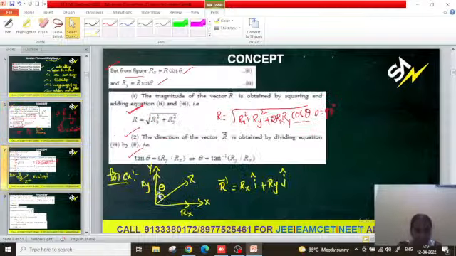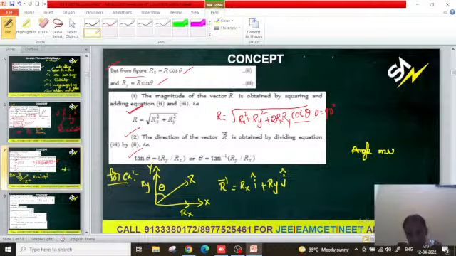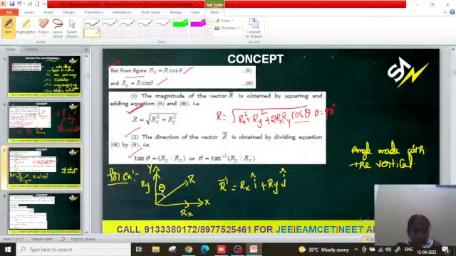Here, when the angle is made with the vertical, always note that a side which is adjacent to the angle will be cos, a side which is opposite to the angle will be sin.